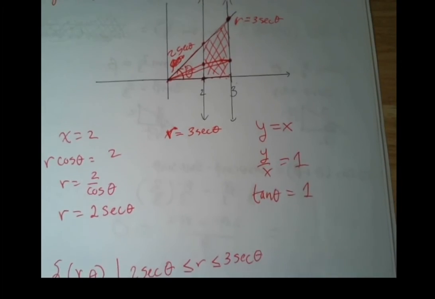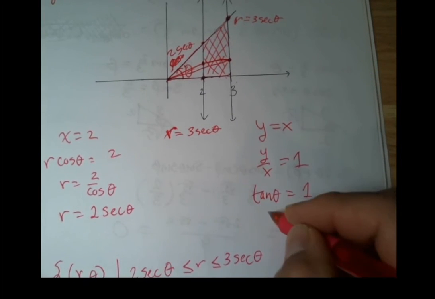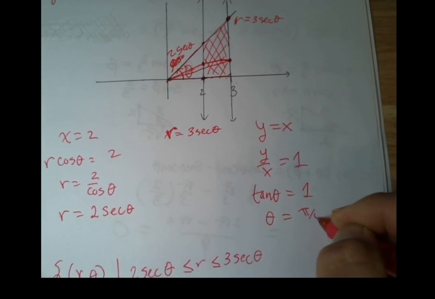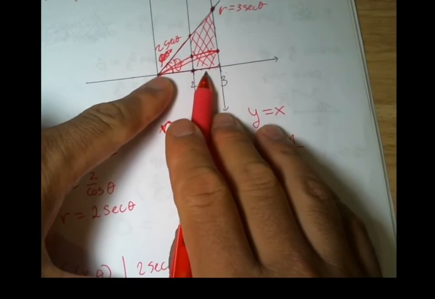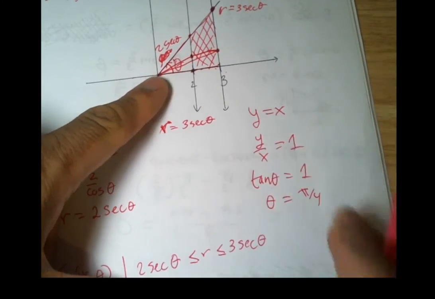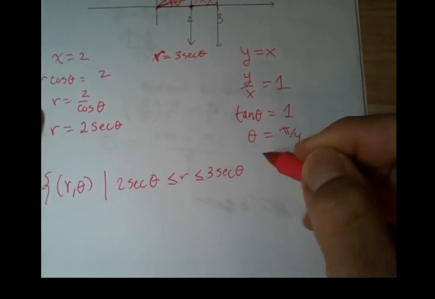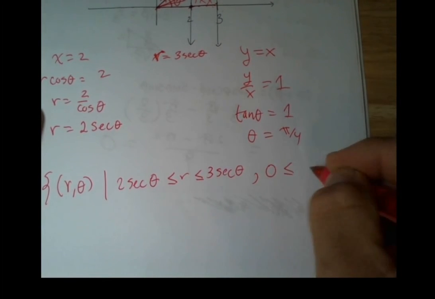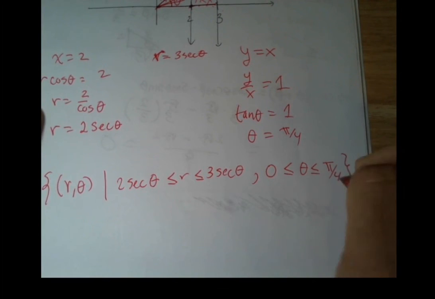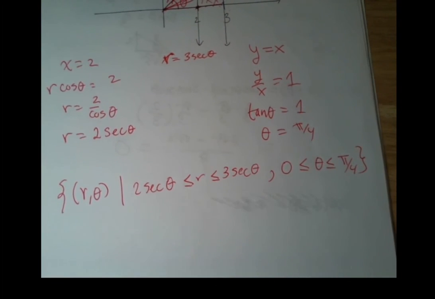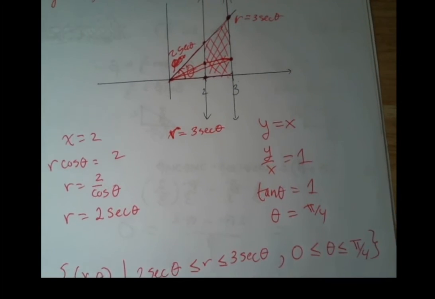And in quadrant 1, that angle theta is pi over 4. So it sweeps out from 0 all the way up to pi over 4. So we would get that. And that is how we can convert something like this into set builder notation.